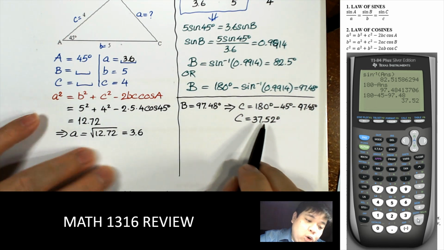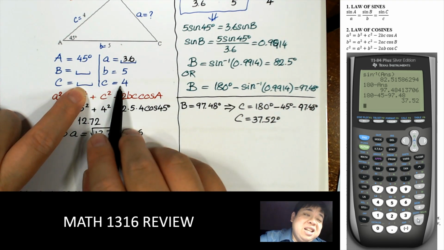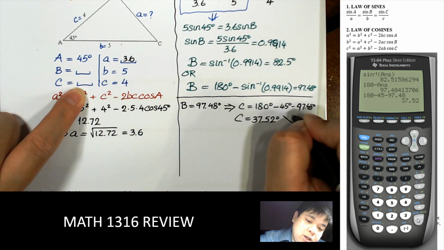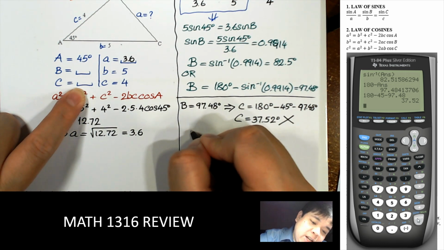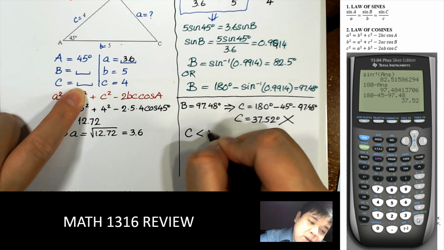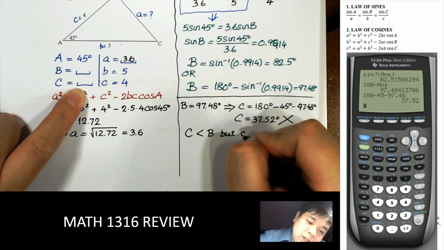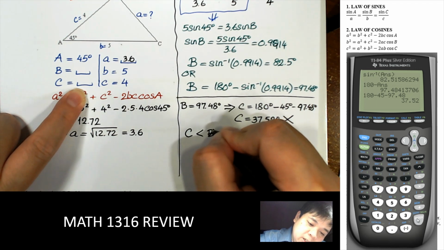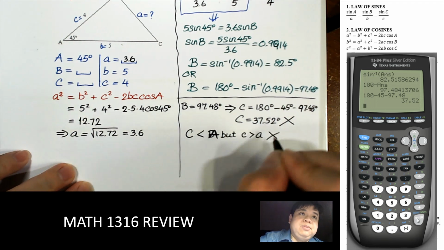Now, if we put C here, that would be the smallest angle, but this is not the shortest side, so this one doesn't work, because once again we have angle C less than angle B, but little c is bigger than a.